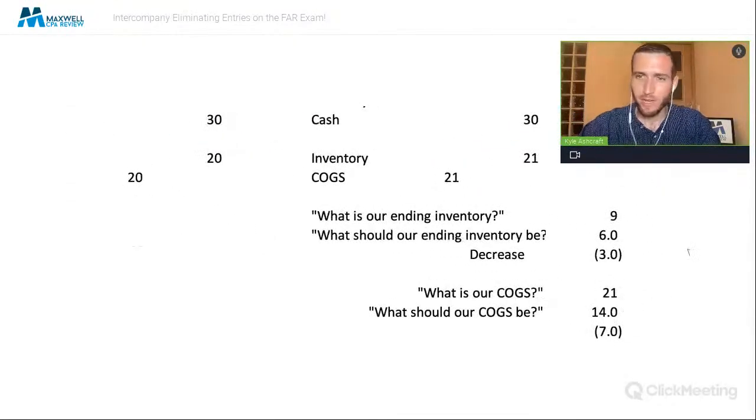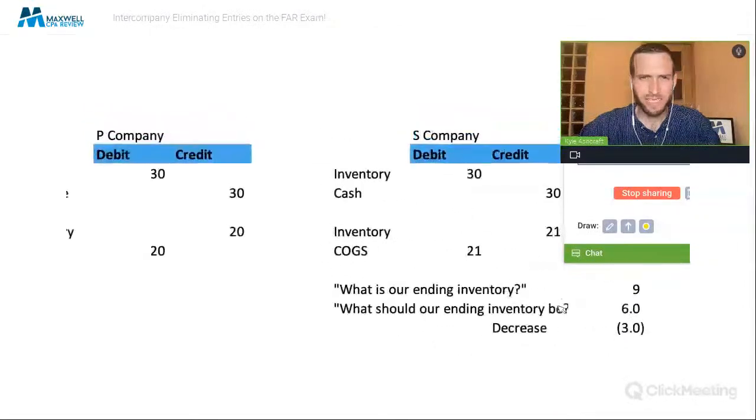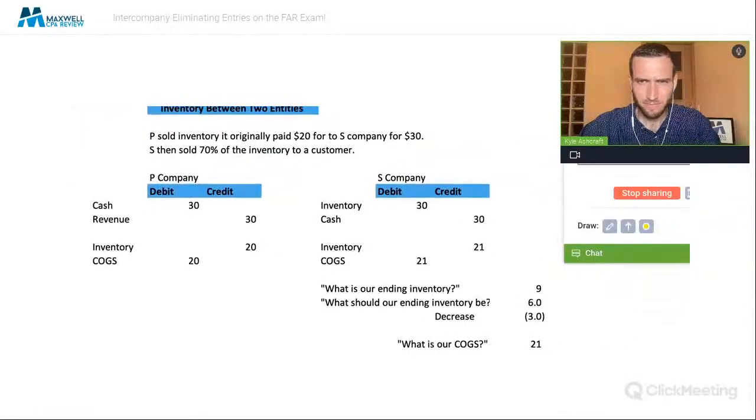So we ask, what is it compared to what should it be? And the difference, as we see, is this $7 decrease to cost of goods sold. So we know that we're going to have to decrease the cost of goods sold by this 7.